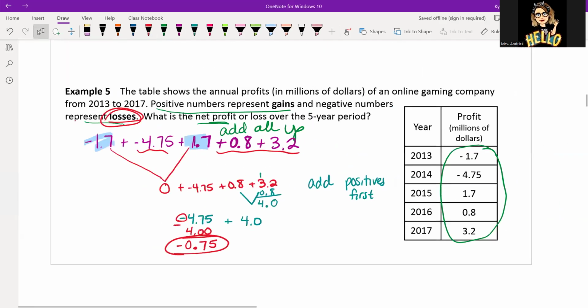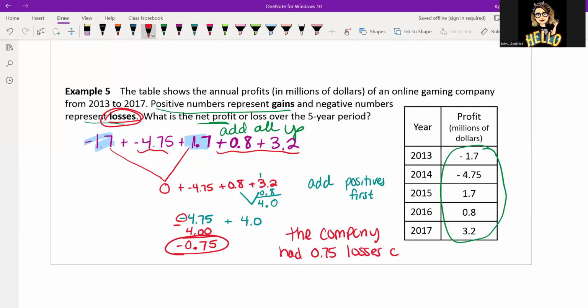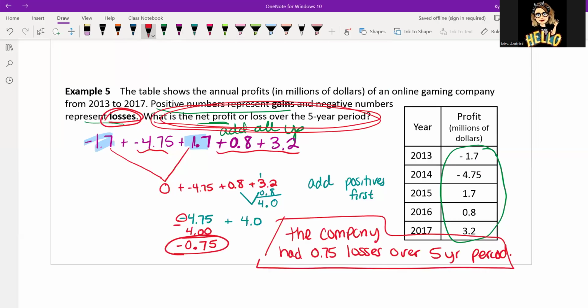So the company had 0.75 losses over the 5-year period. We're just going to answer this question in our sentence. Okay, all right, so then you are going to go do assignment number 5 in your packet. All right, great.